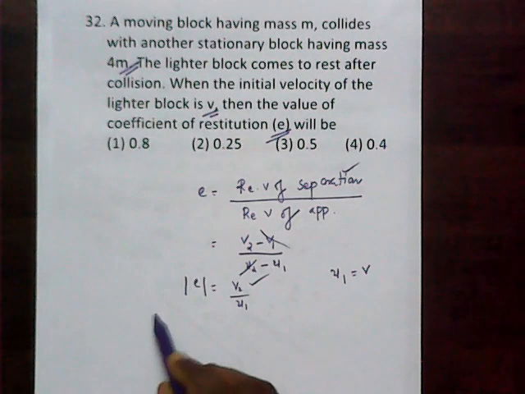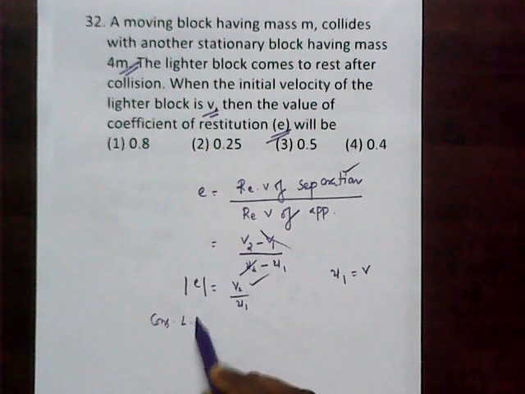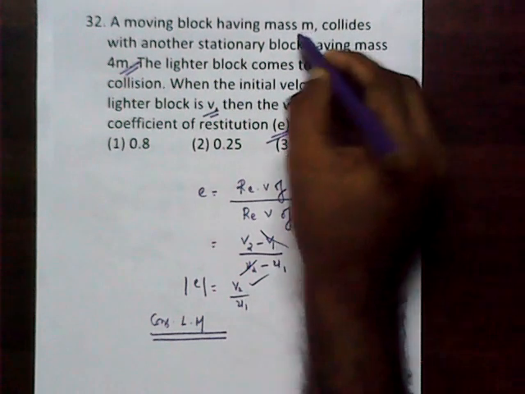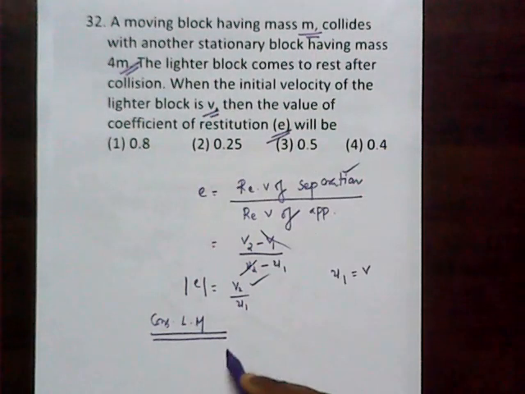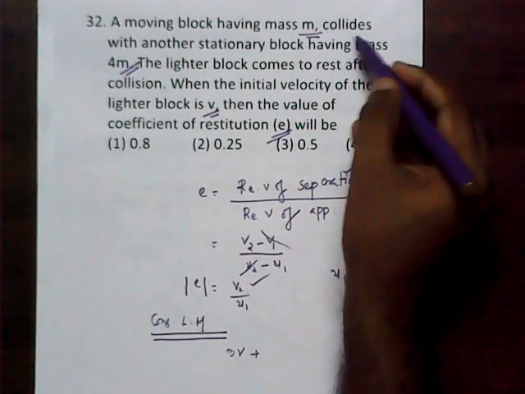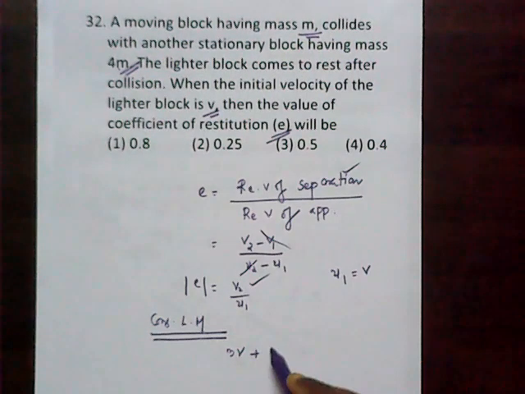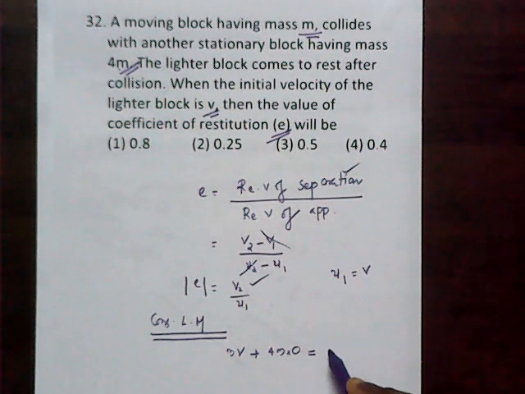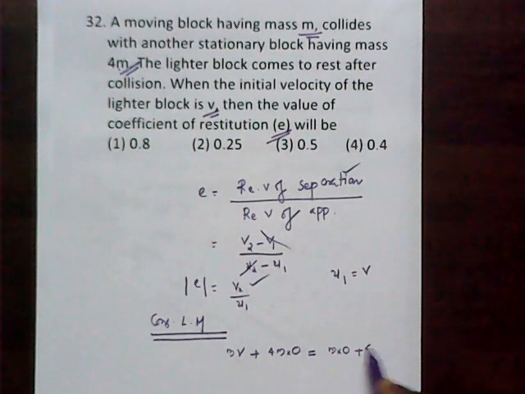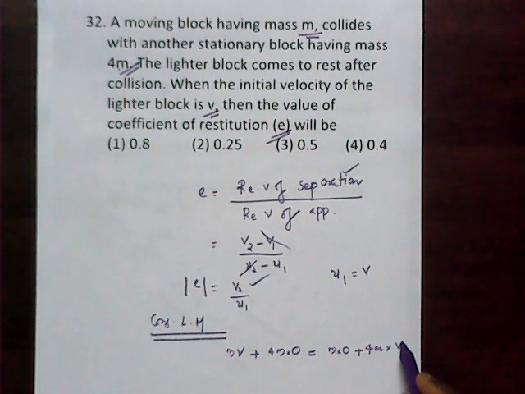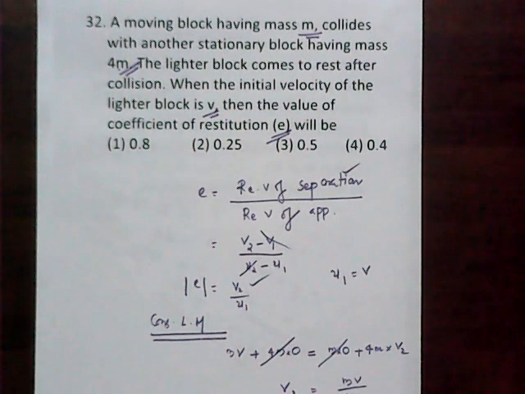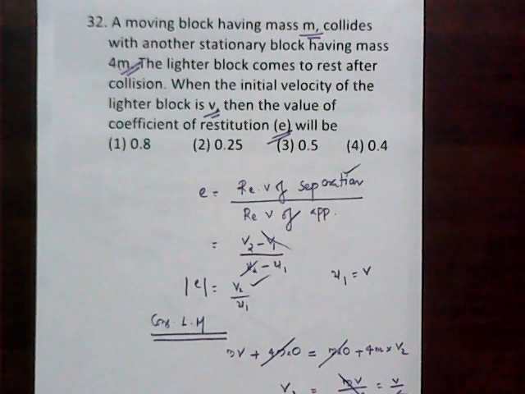You can simply use the conservation of linear momentum, a very, very important concept. Before collision, m moves with velocity v, so m into v, and the 4m mass is stationary, so 4m into 0. This equals the momentum after collision, where m comes to rest and 4m moves with velocity v2. So v2 equals mv by 4m, which is v by 4.